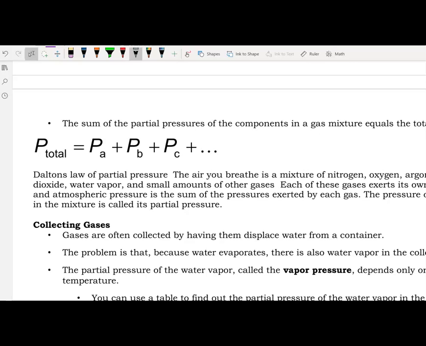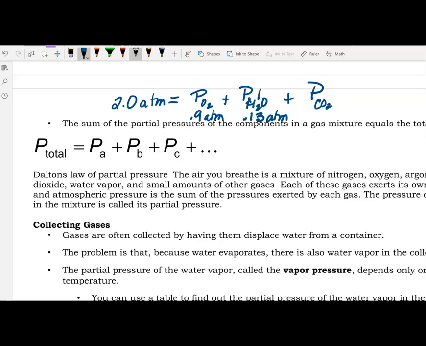So if I tell you I have a pressure of 2.0 atmospheres and that gas A, which is oxygen, has a pressure of 0.9 atmospheres, and gas B, which is water vapor, has a pressure of 1.3 atmospheres, and gas C, which is carbon dioxide, has a pressure of 0.5 atmospheres. What is the pressure going to be of my remaining gas, which we'll say is sulfur hexafluoride?